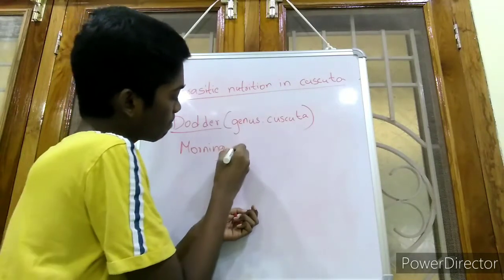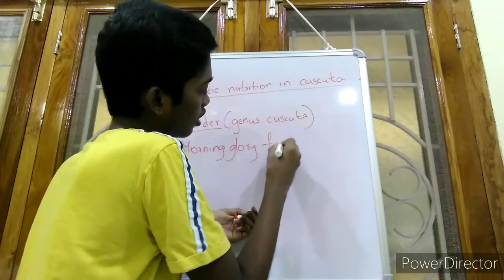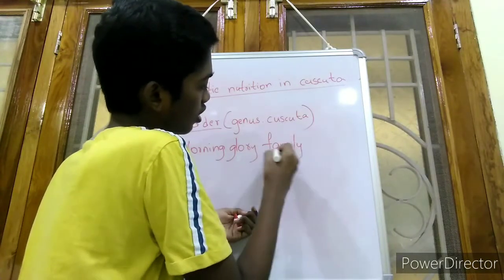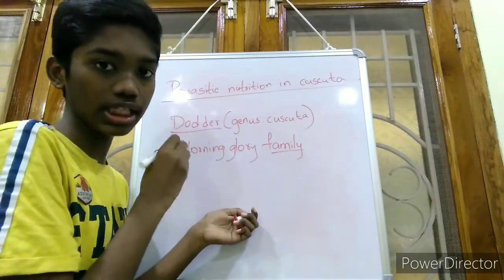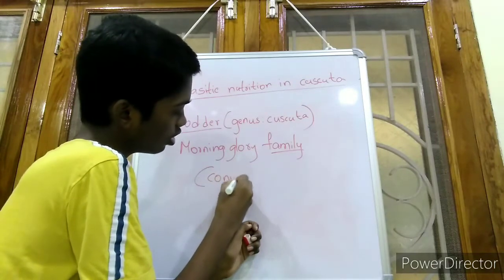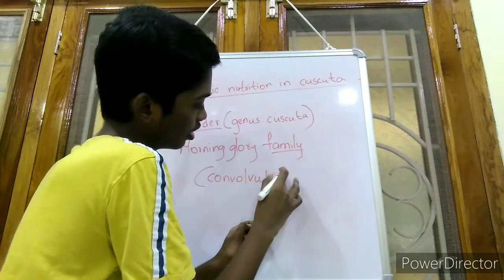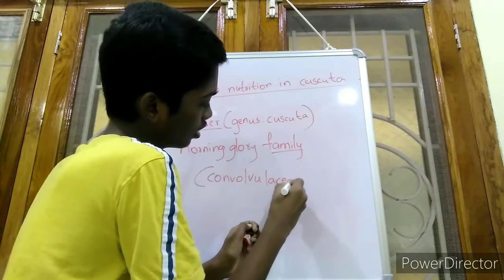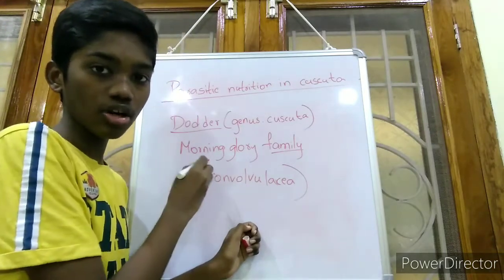Morning glory family. The scientific name of this morning glory family is Convolvulaceae. This is the scientific name of this morning glory family.